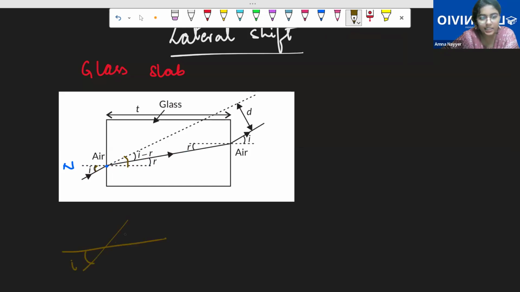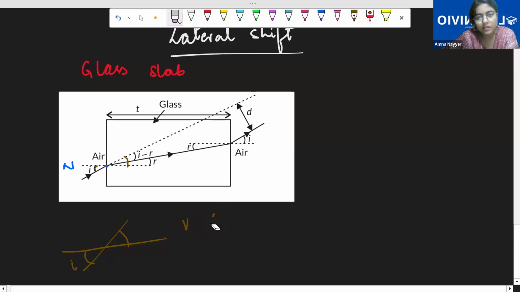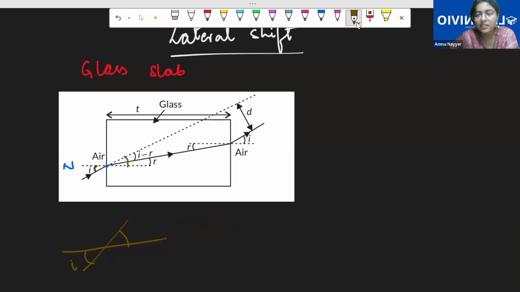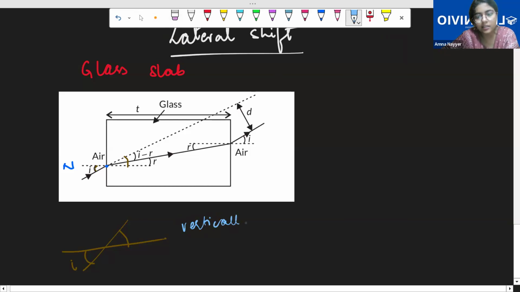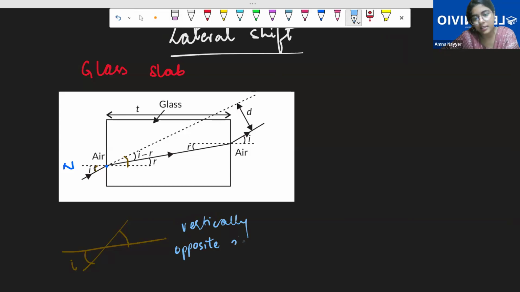This is the angle of incidence, and this whole one, are they vertically opposite angles? Yes, ma'am. So they are vertically opposite angles.